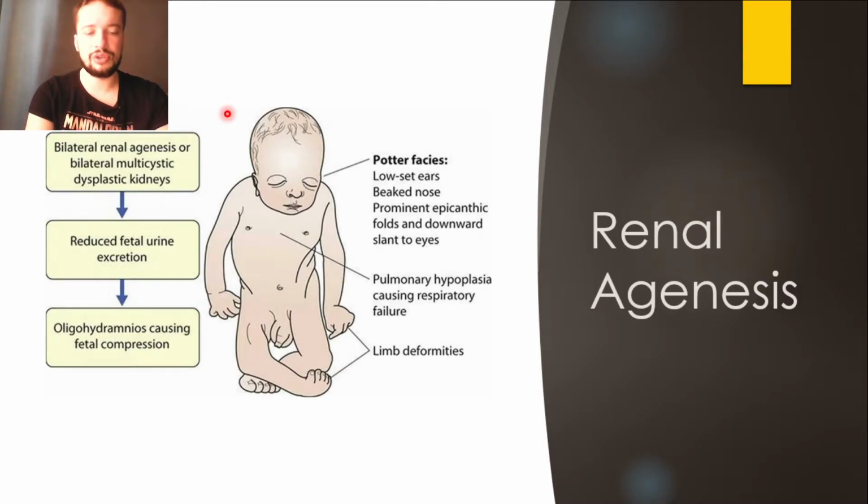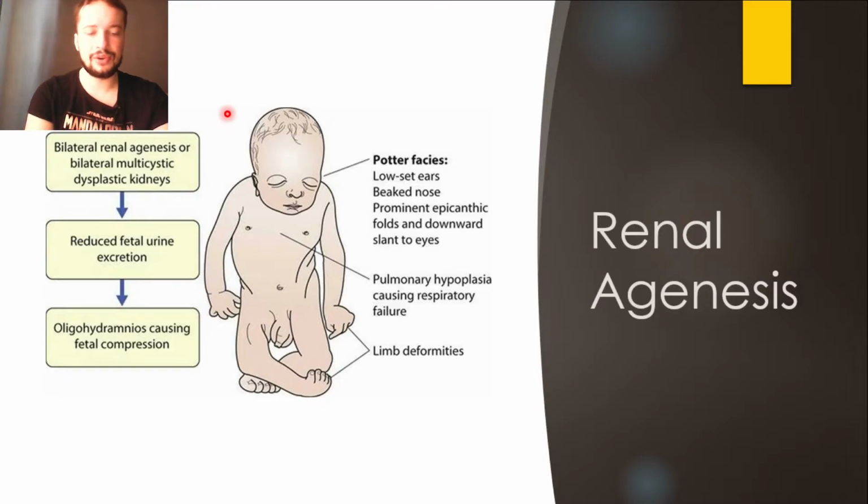Bilateral renal agenesis is called Potter syndrome. The incidence of bilateral renal agenesis was originally reported by Potter. Diagnosed on fetal ultrasound, around 40% of the infants are stillborn and the remaining are born with absent renal function.